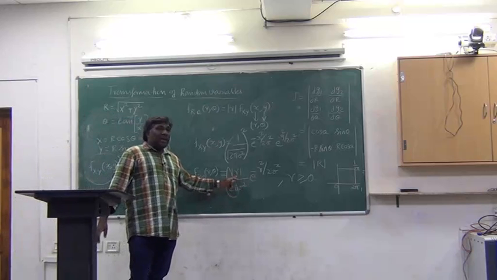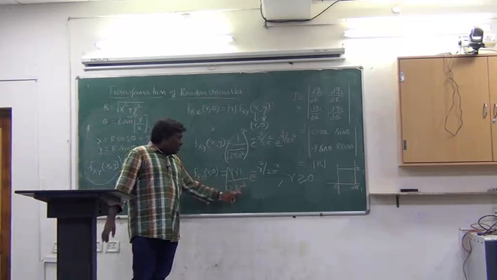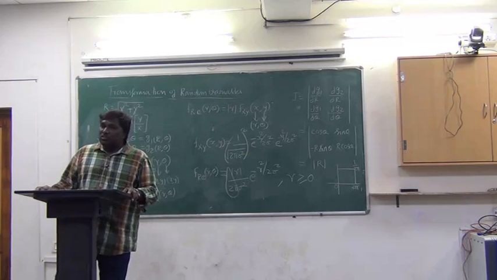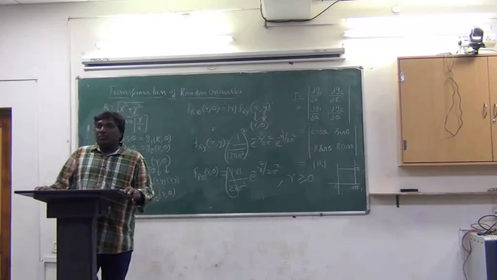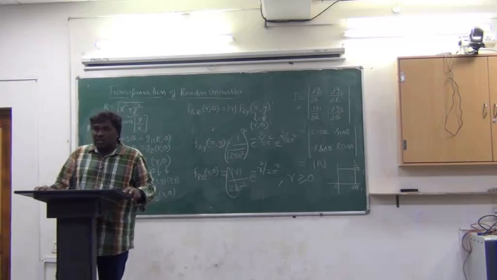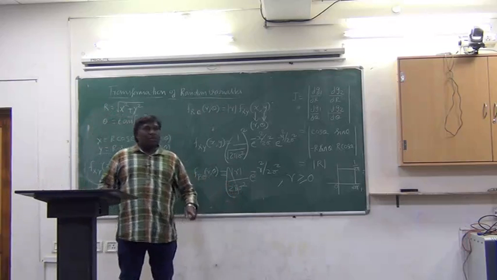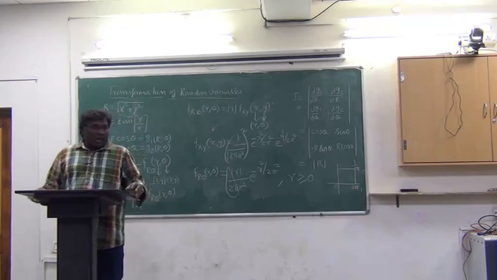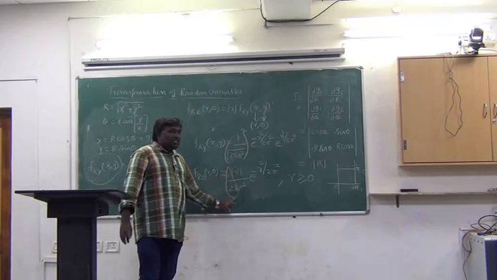So the magnitude of the noise is distributed this way: R by sigma square, e power minus R square by 2 sigma square, where R is greater than or equal to 0. And this 1 by 2 pi I just removed.